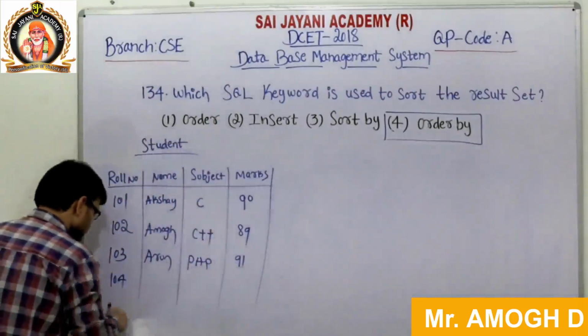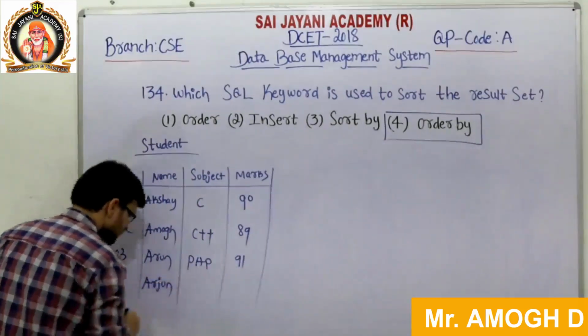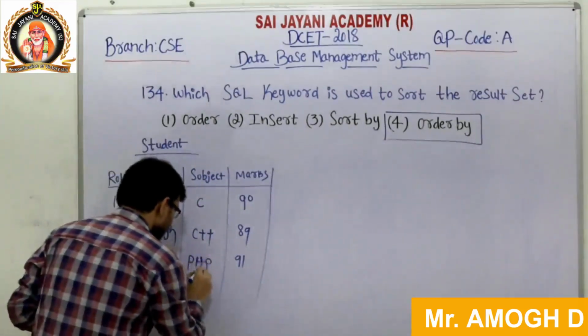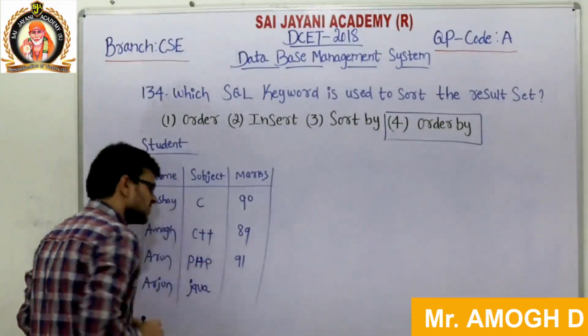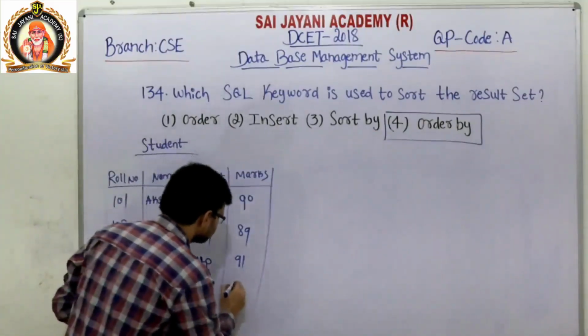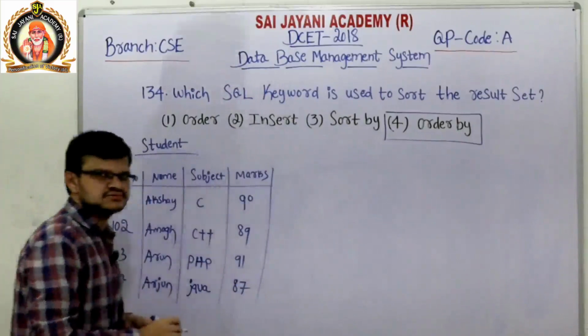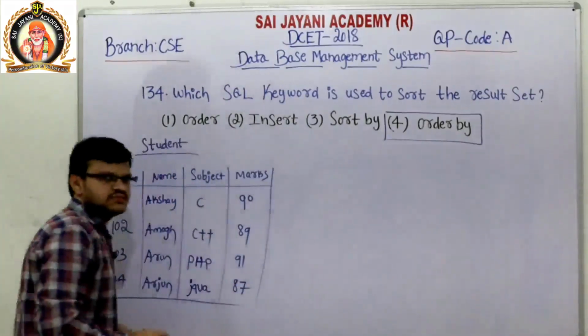Similarly, 104, that is Arjun. He opted subject Java, and out of 100 for Java he got 87. For this, out of 100, we created one table.